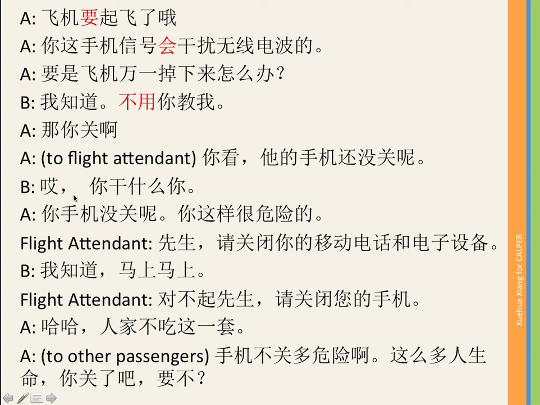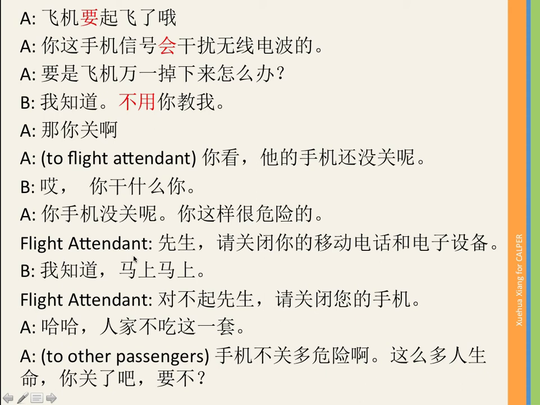And then he tries to reach for the cell phone. And then the businessman says, 哎，你干什么你 Hey, what are you doing? And the pancake maker says, 你手机没关呢 Your cell phone is not shut off. 你这样很危险的 The way you are doing, it's very dangerous.